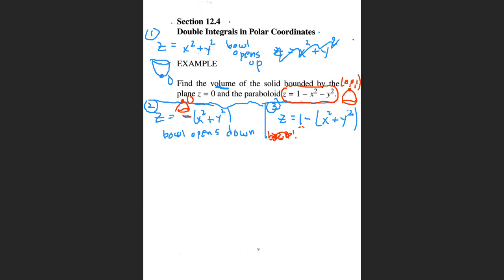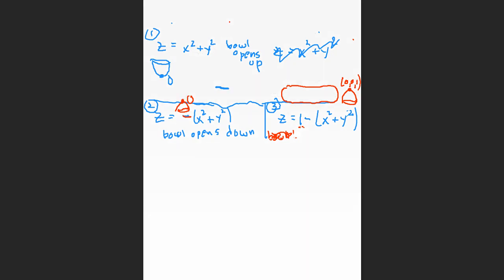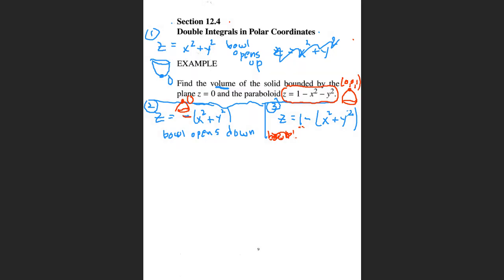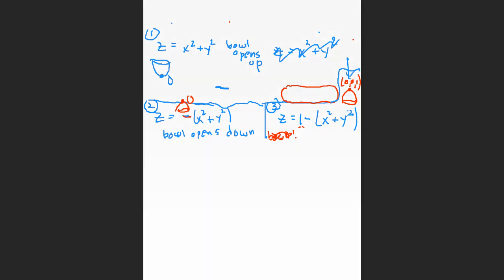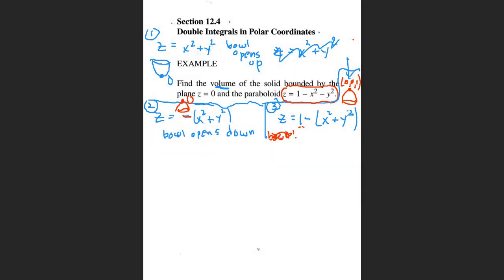I want to be sure you're comfortable with that. So here's bowl 3. The paraboloid opens downward, and the apex or high point is 0, 0, 1.